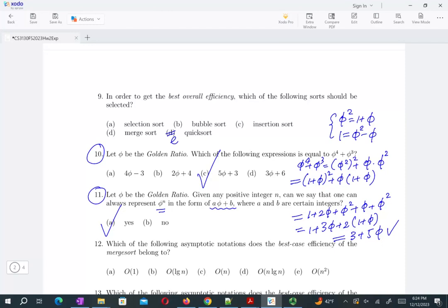Because phi to the n equals phi squared times phi to the n minus 2, right? And the phi squared you can write as 1 plus phi times phi to the n minus 2, right? So phi n minus 2 times phi n minus 1.